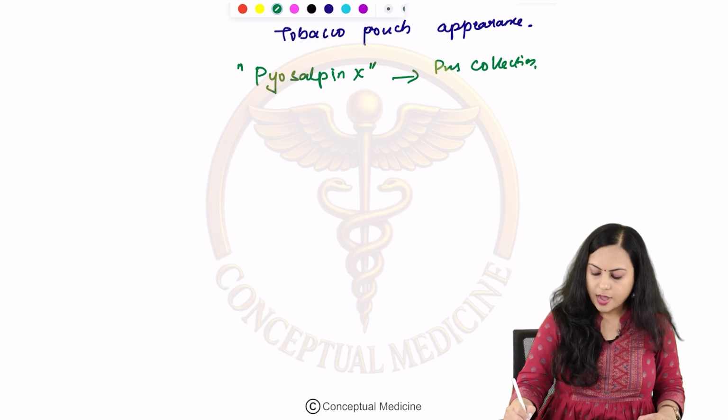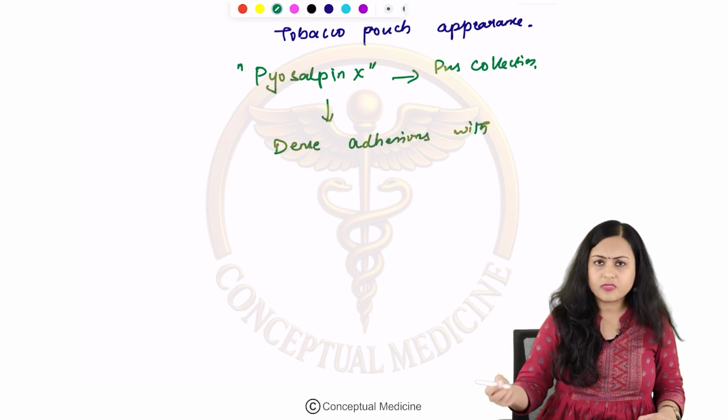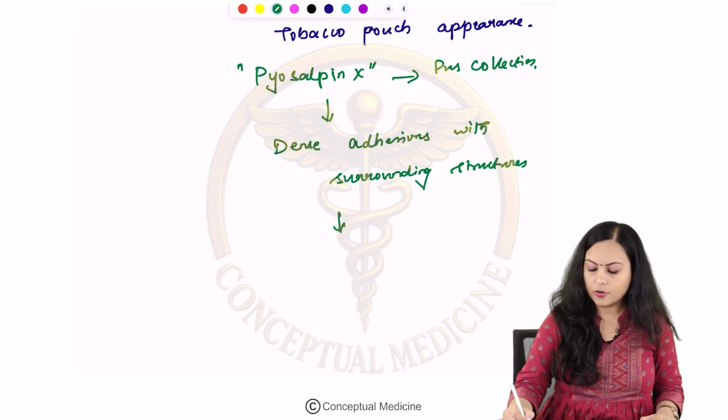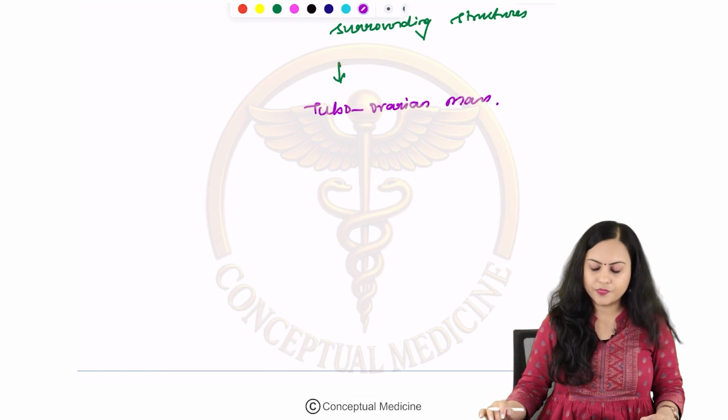And after this, there can be dense adhesions that can be formed with the surrounding structures, and that can lead to formation of tubo-ovarian mass as well. Clear? Right.